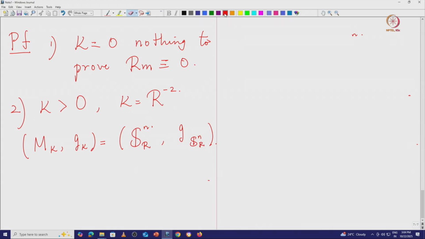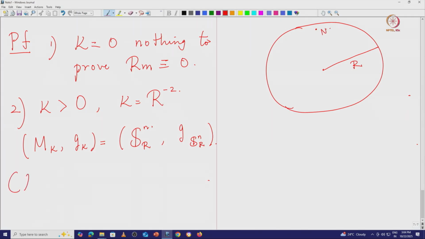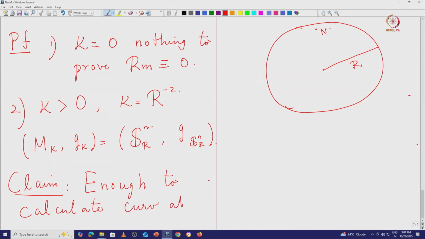So let us draw a picture of a sphere. So this is a sphere of radius r, and let us try to calculate the curvature at the north pole. So the first claim is that it is enough to calculate the curvature at one point, say the north pole. Okay.